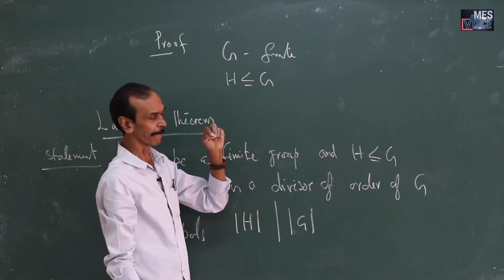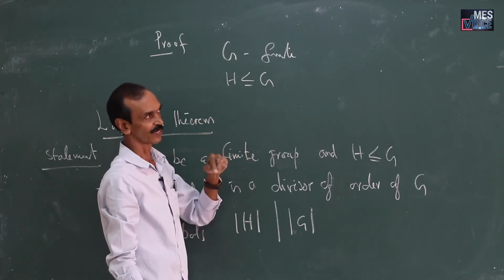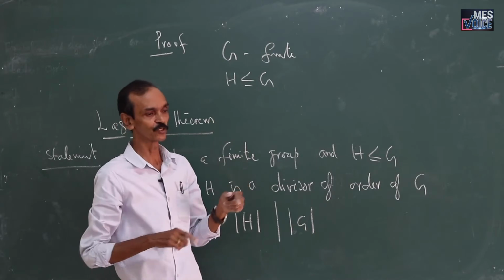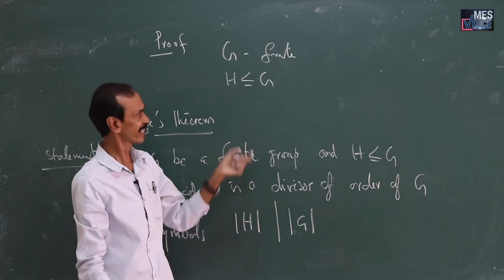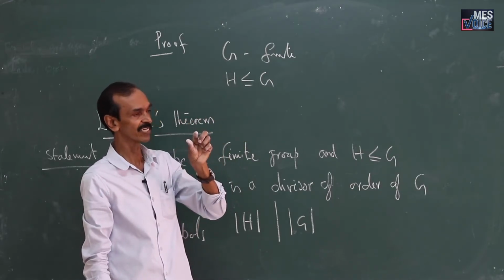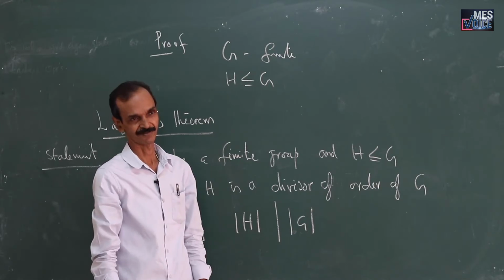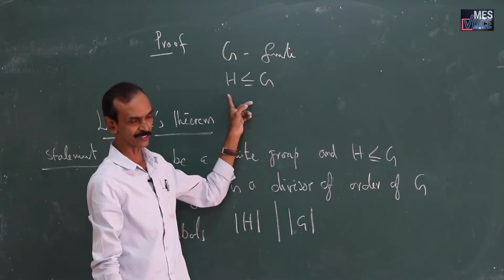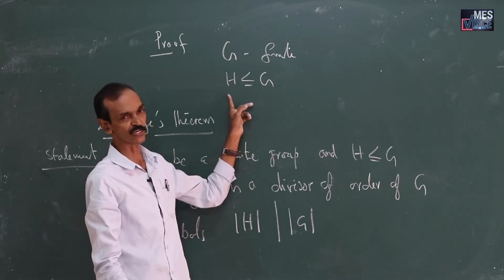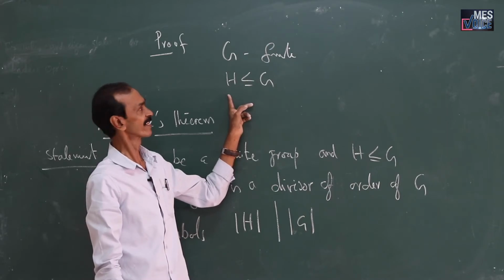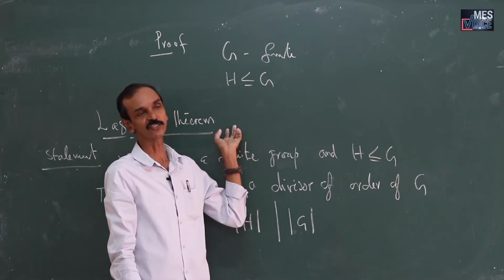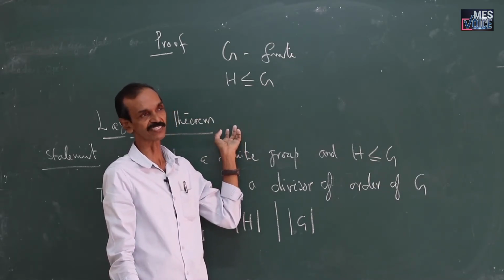According to our theory, G can be partitioned into mutually disjoint equivalence classes, and each typical equivalence class is a typical left coset. Hence, corresponding to that partition, we can call it a left coset decomposition. We can consider G as the union of mutually disjoint left cosets of H in G.